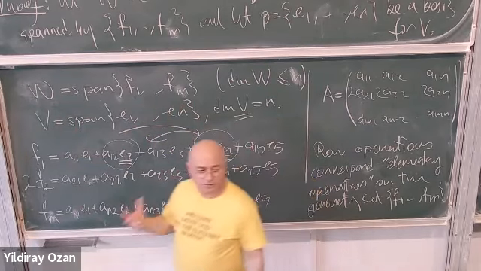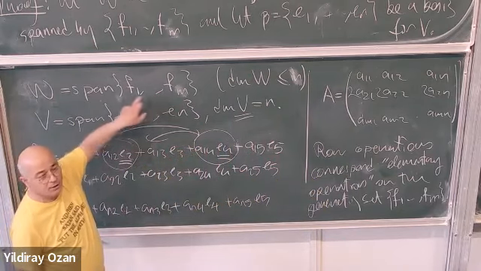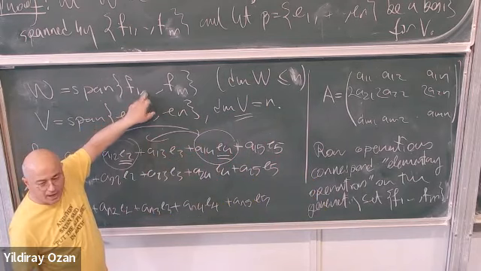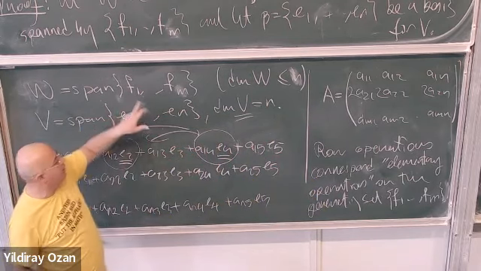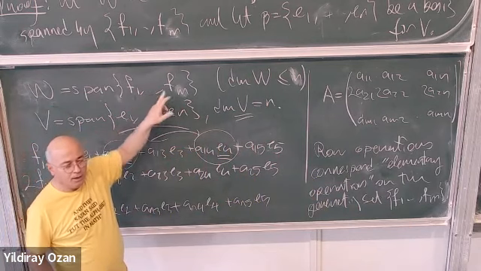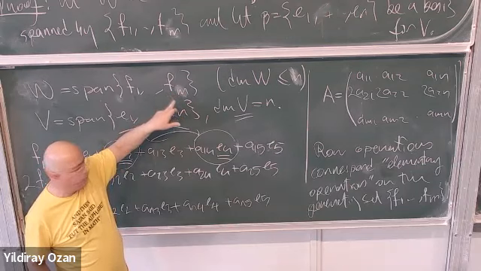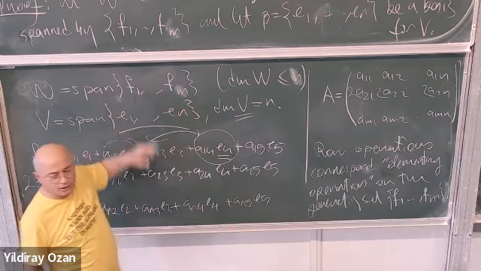I can apply 2 different kinds of operations. I can apply elementary operations on these vectors, meaning that I can multiply one of them with a number, interchange 2 of them, or add a multiple of one of them to another one.